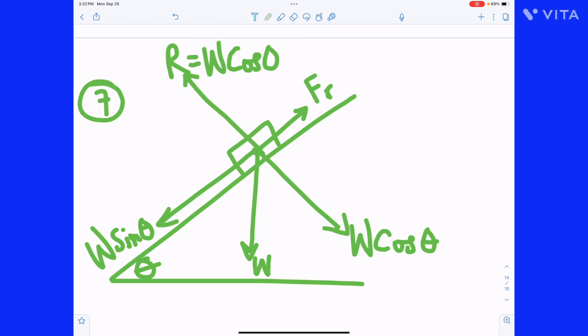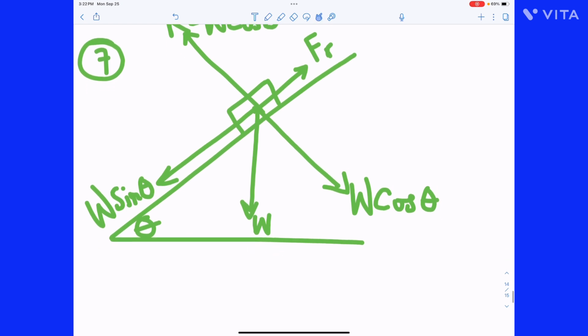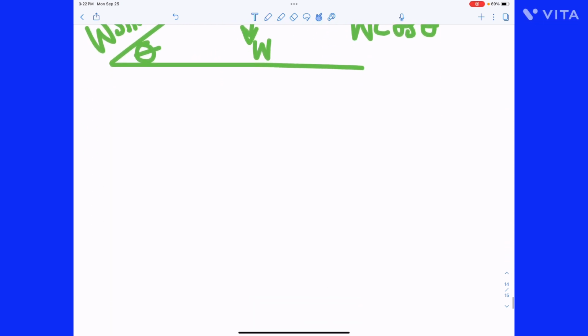Now, if we put all these together, it brings us to our equation of friction, which says frictional force F is mu R. Can you see that?